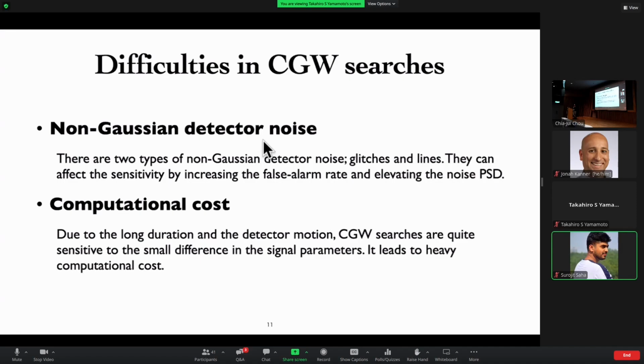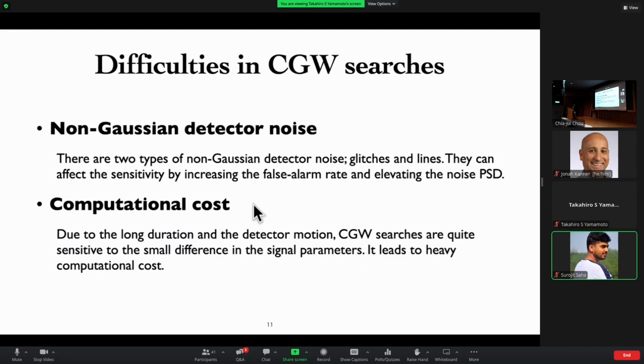Gravitational wave detectors have many noise sources, and the main component has a Gaussian character, but there are two types of non-Gaussian detector noise, so-called glitches and lines. They can affect the sensitivity of the search by increasing the false alarm rate and elevating the noise power.